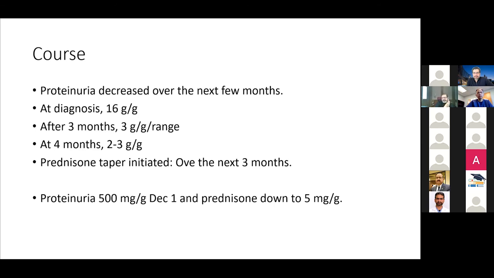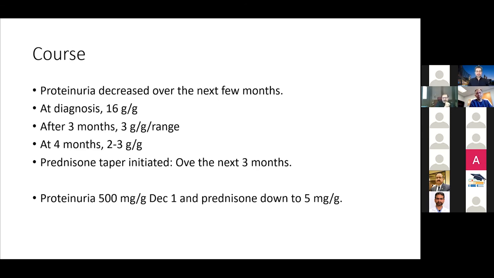After 4 months, she came to the 2 to 3 grams per gram range. A very slow prednisone taper was initiated, and over the next 3 to 4 months she was brought down to about 10 milligrams. In early December, she had a proteinuria of 500 milligrams per gram, and prednisone was down to 5 milligrams.